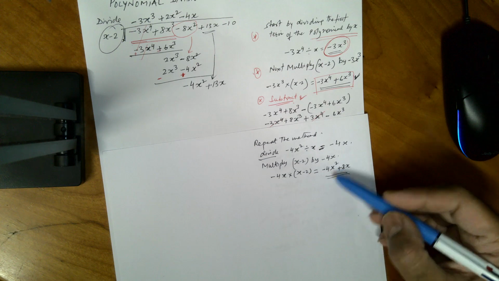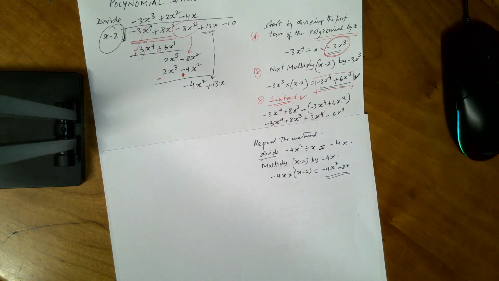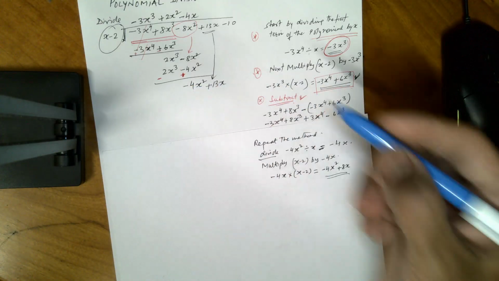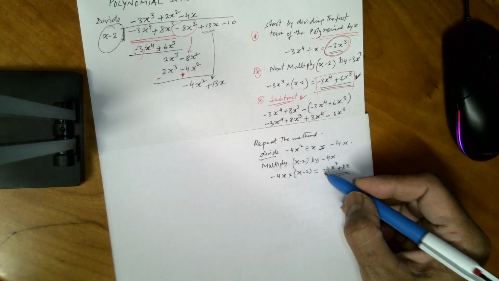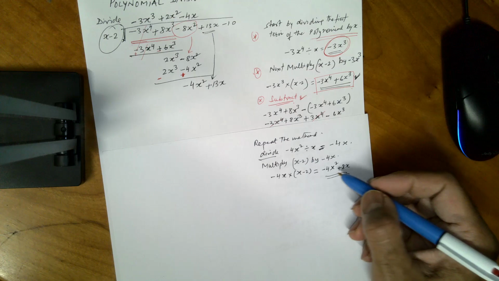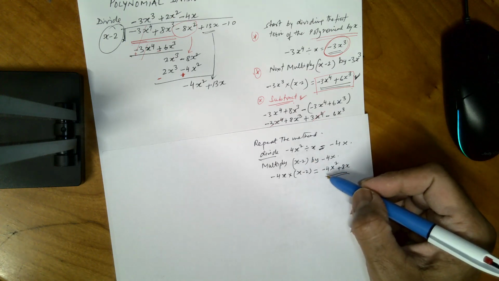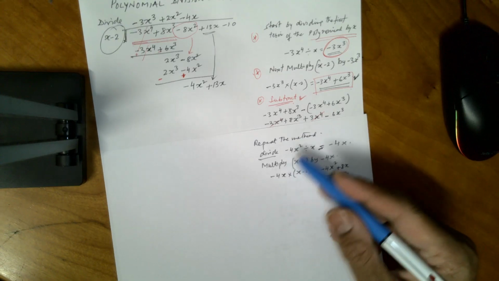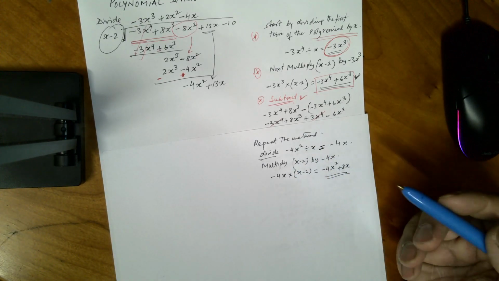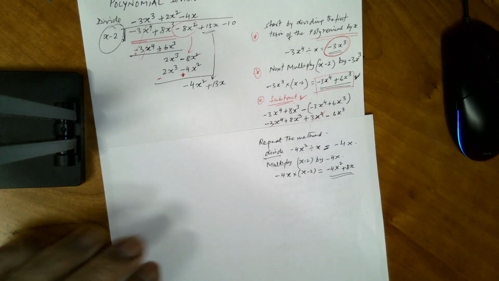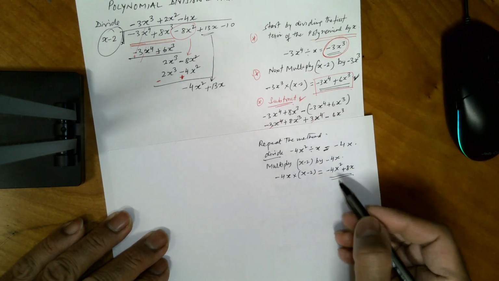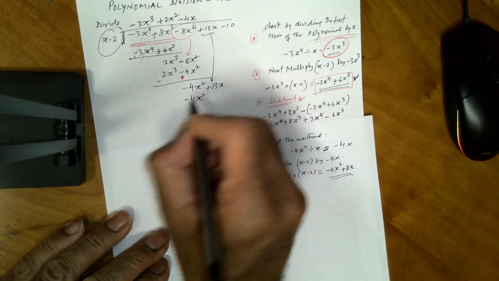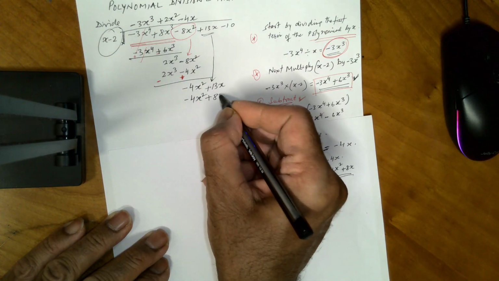If you don't get the first term exactly the same, like in here minus 4x squared and in here minus 4x squared, but let's say you have got something else, minus 4x only, not x squared, you're supposed to get minus 4x squared so that you can cancel. If you don't get it, then you need to revisit, somewhere you have made a mistake. So this will go here, minus 4x squared plus 8x.